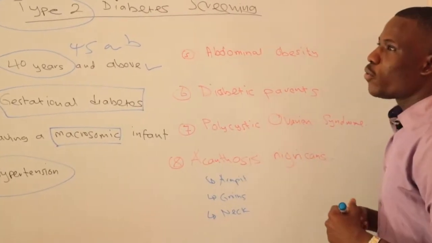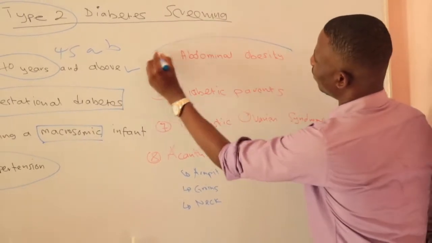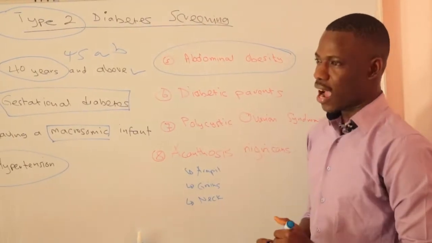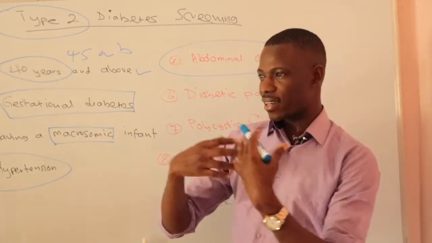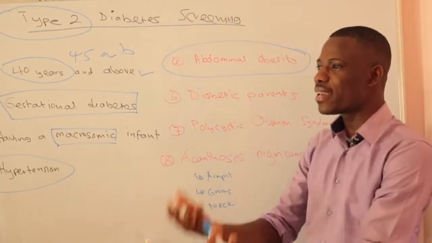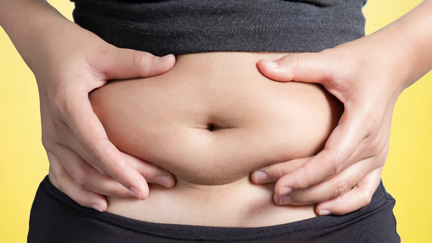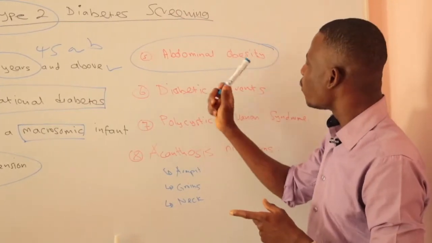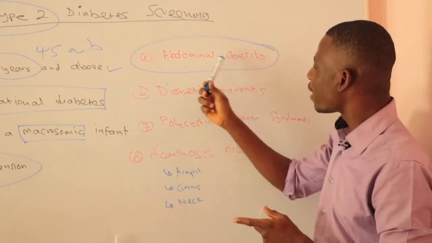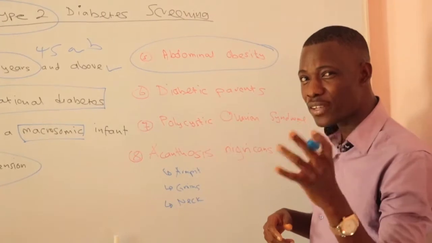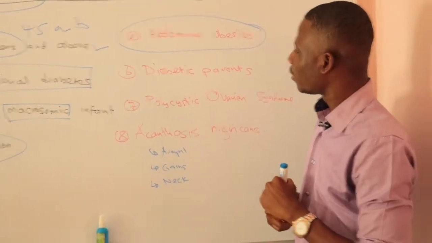Now, when you have abdominal obesity, how does the abdomen become big? It becomes big when there is storage of excess glucose. Excess glucose is being stored as fat. So if you have abdominal fat or abdominal obesity, you are at high risk of developing type 2 diabetes.